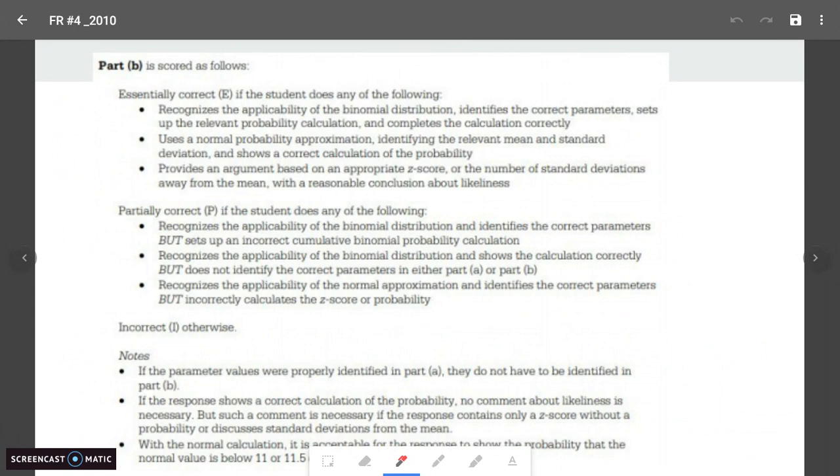For part B, to be essentially correct, you needed to recognize the applicability of the binomial distribution, identify the correct parameters, set up the relevant probability calculation, and complete the calculation correctly.